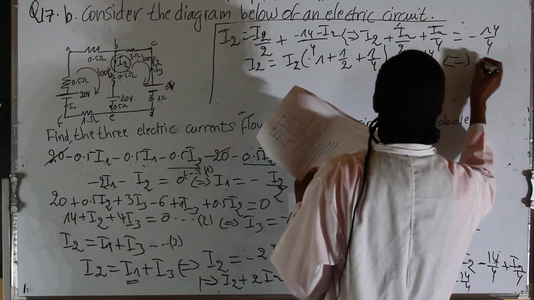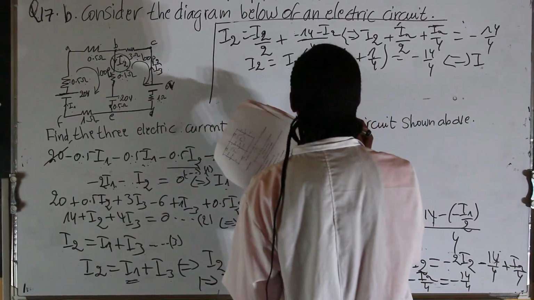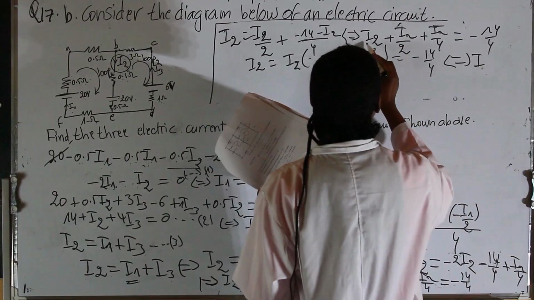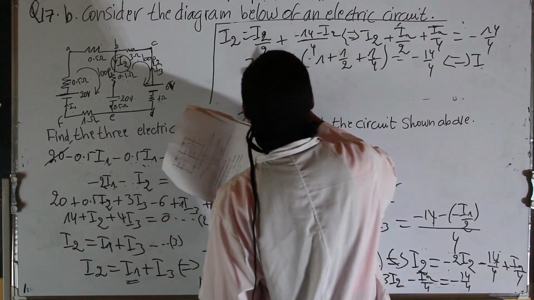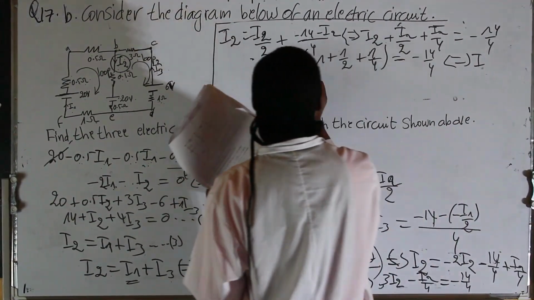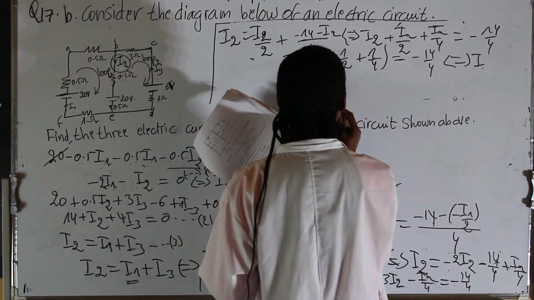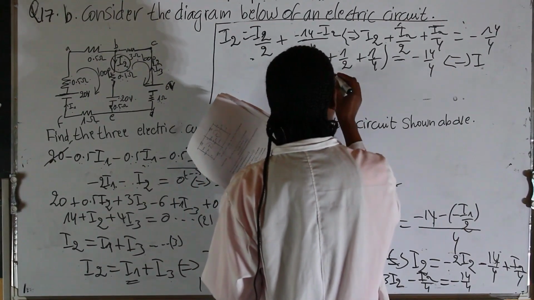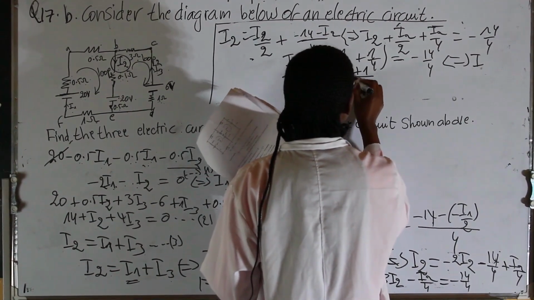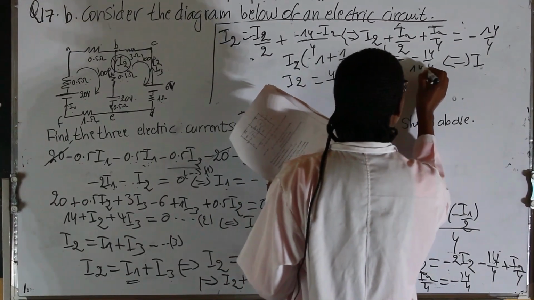By calculation, this I2 should be equal to 4 plus 1 over 4, which is equal to minus 14 over 4.